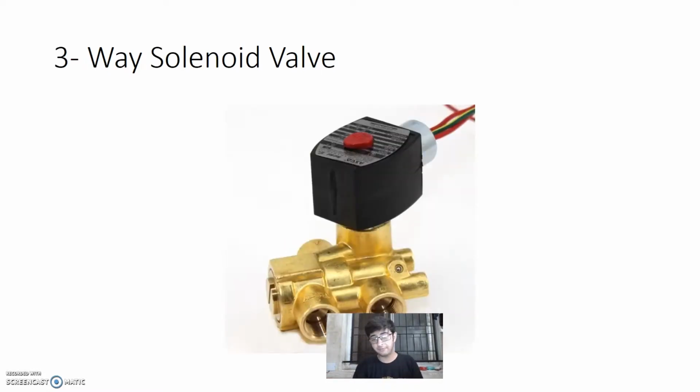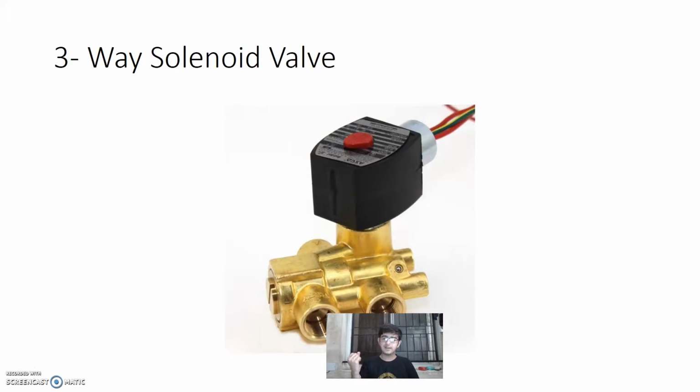The second type can be obtained as a three-way solenoid valve. This three-way operating solenoid valve is widely used in many types of automations. Let us take an example of where you can use this.